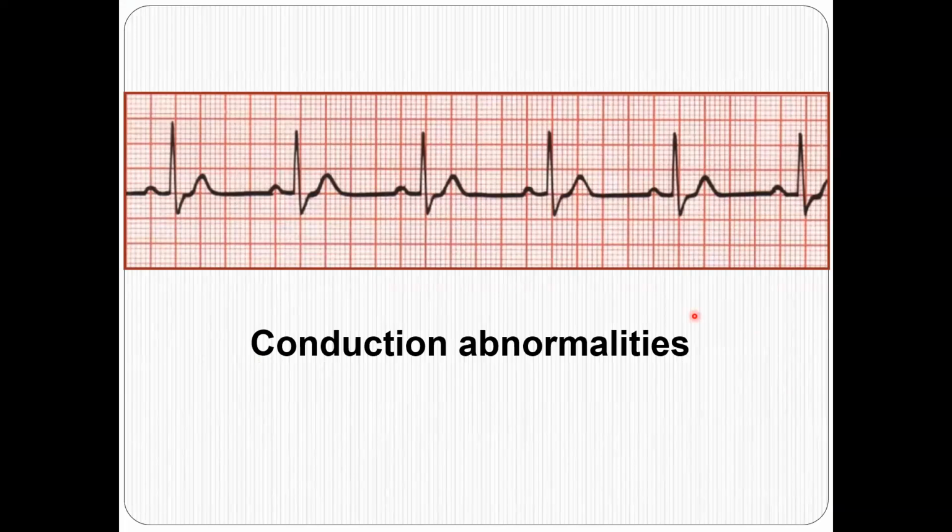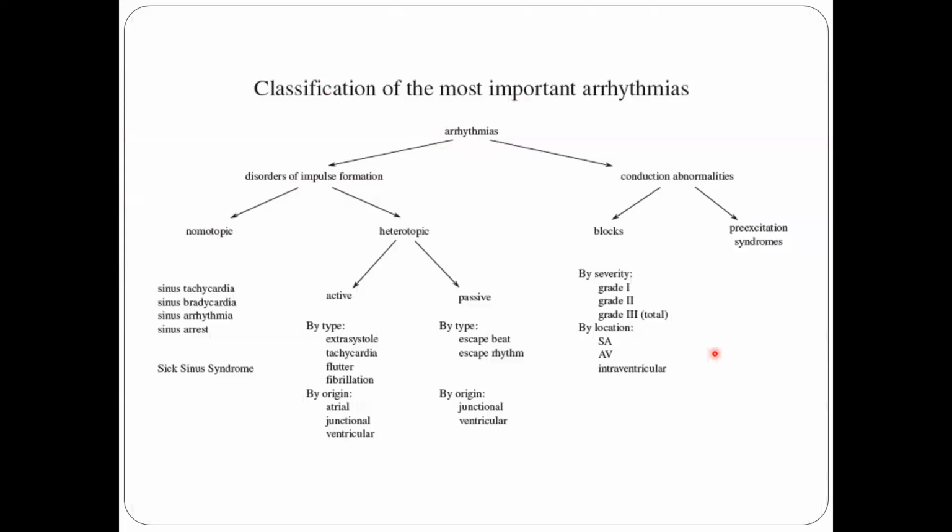So, as we did last time, right now we are going to cover the conduction abnormalities, and I'm going to summarize the important points. Basically, we started the arrhythmias last time. What is an arrhythmia? It's not a normal sinus rhythm.